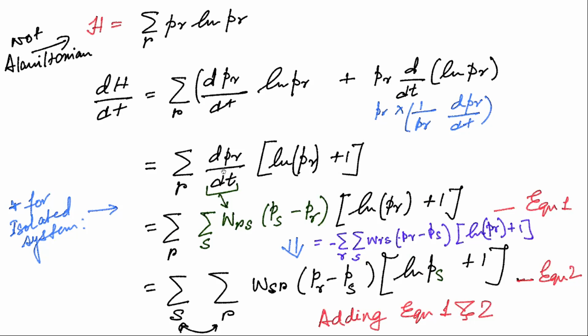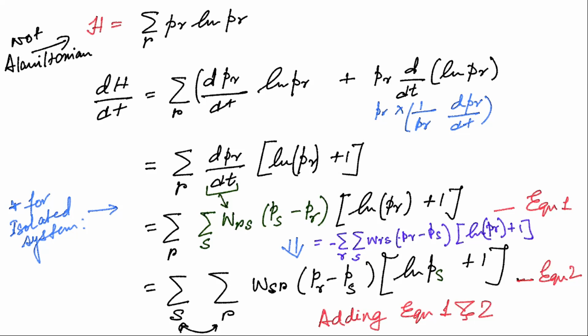Now we have dPR/dt, the rate of change of probability in state R as a function of time, and we are going to use the master equation to write it down as summation over all S, WRS, and WRS is equal to WSR because energy is constant.